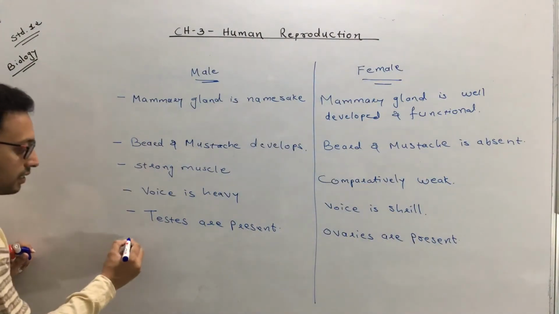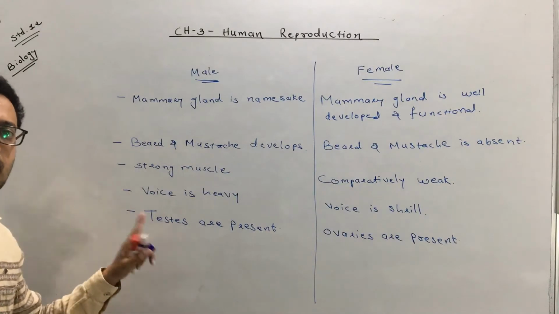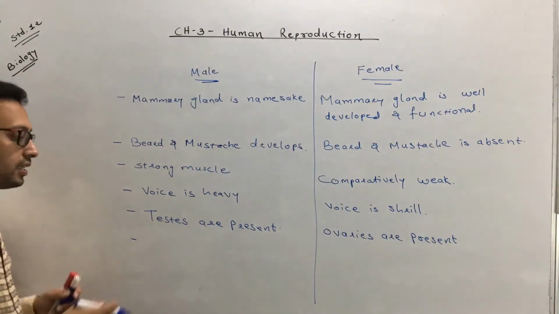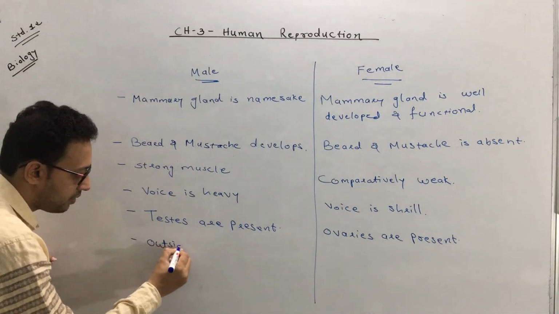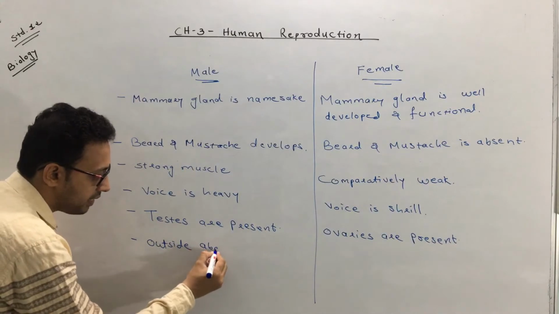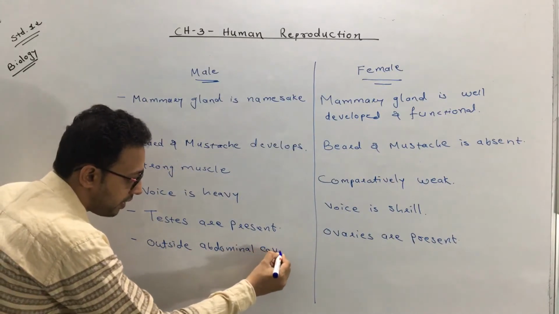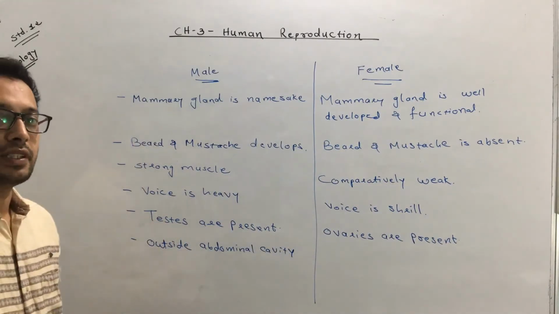Next, another difference. You know that the testes are present in a male as a gonad, but where are they present? They are present outside the abdominal cavity. So where are the testes present? The testes are present outside the abdominal cavity.